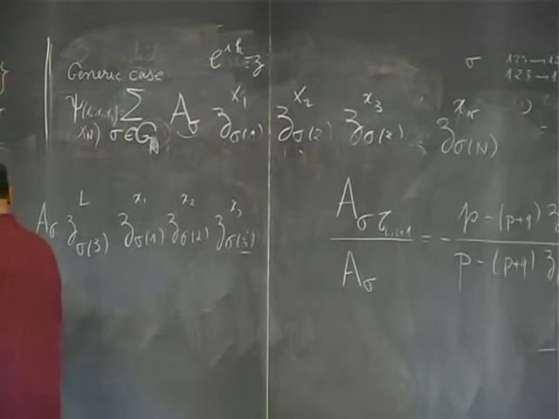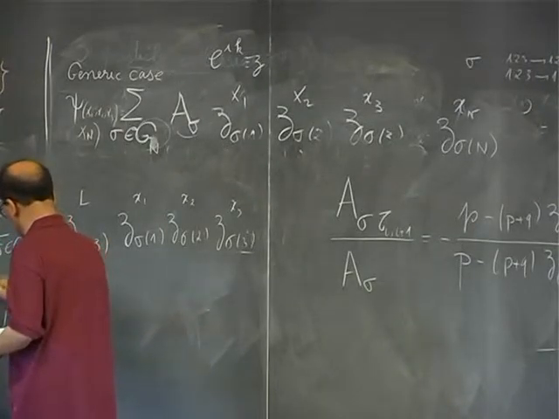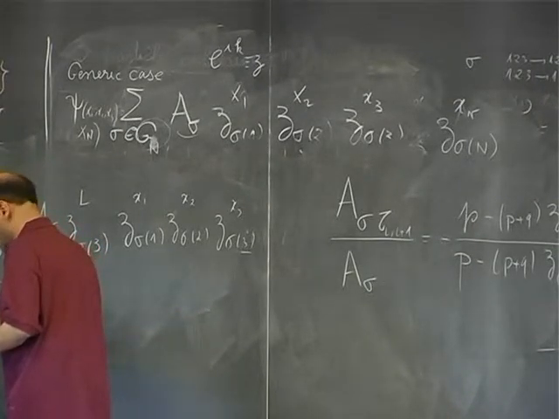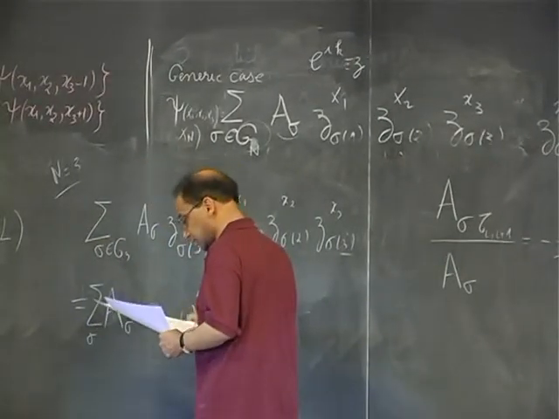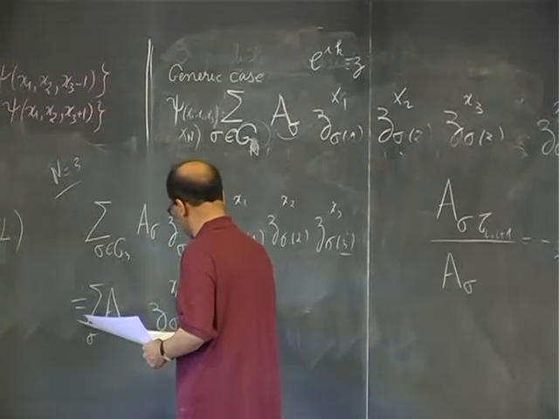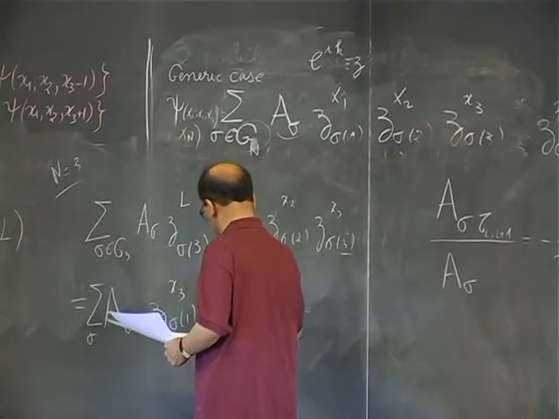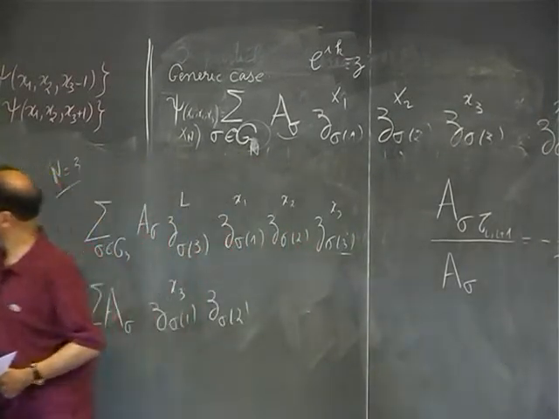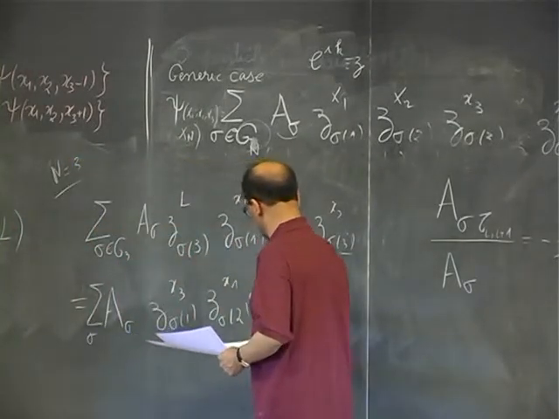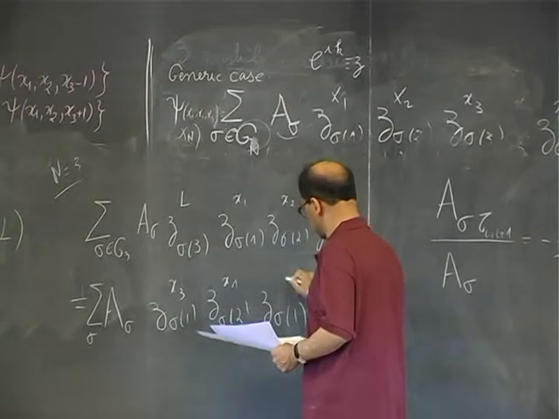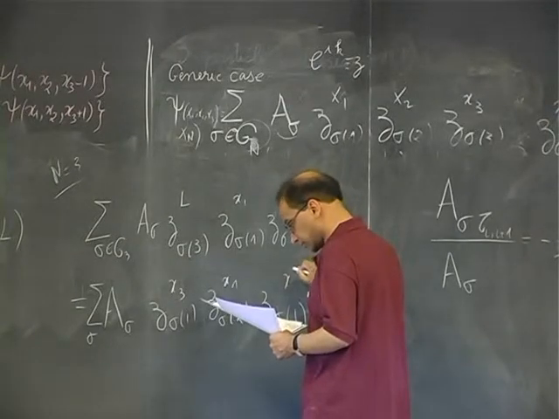And this has to be equal to the sum over sigma, sigma Z, sigma 1 to x3, Z sigma 2. So this is this thing, x2, x1, x2.